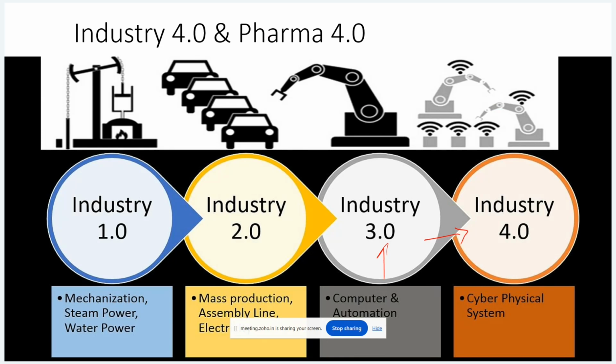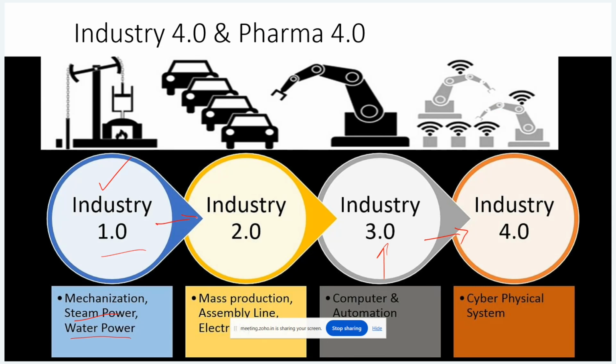So previously, what is industry 1.0? In industry 1.0, we used steam power, water power, mechanical power like pneumatic power. You may have already observed the coal engine, the rail coal engine, which has slow movement, but it works. So that was industry 1.0.